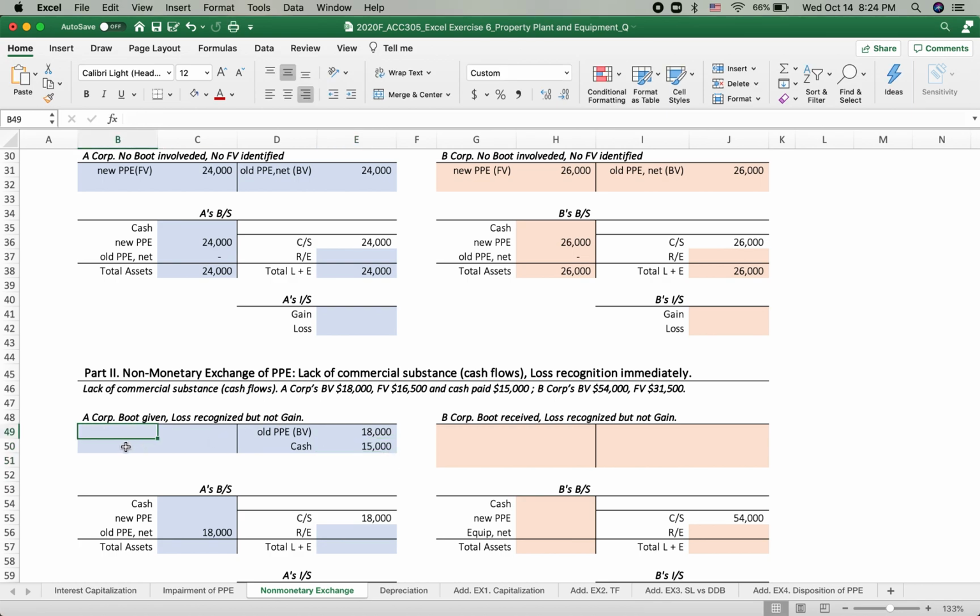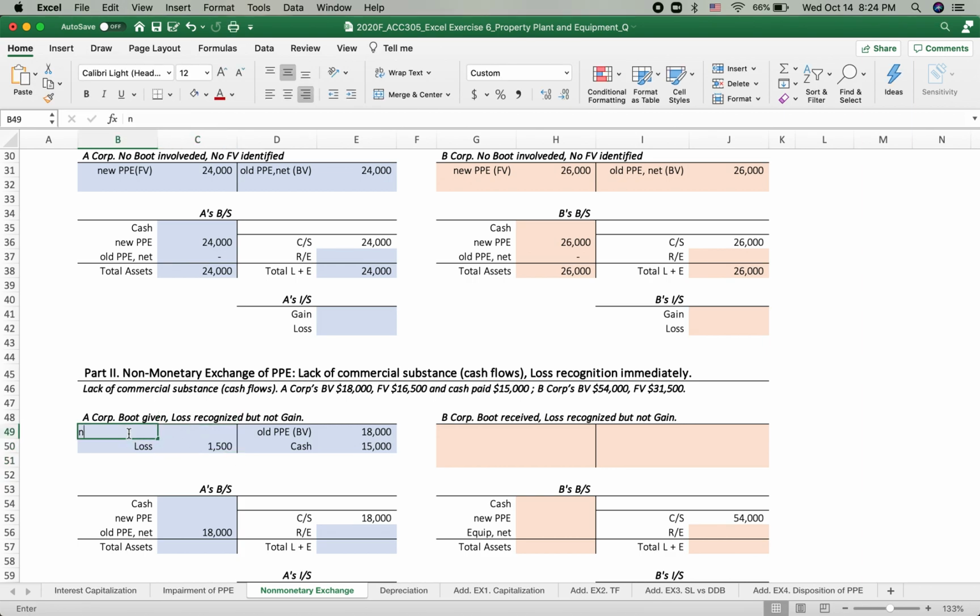And then next step, we should calculate loss. Now this fair value, we know this fair value is 16,500 and the book value of this old one was $18,000. So how do you calculate it? That is the difference between the book value and the fair value. The book value is greater than fair market value, so this is loss, 1,500.